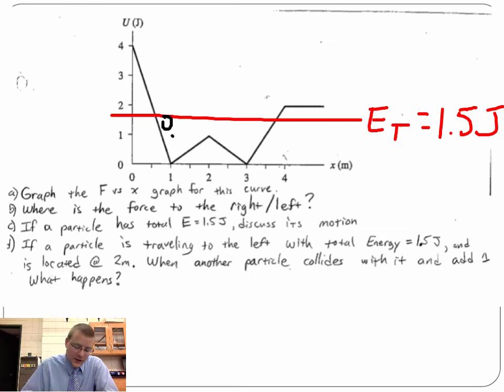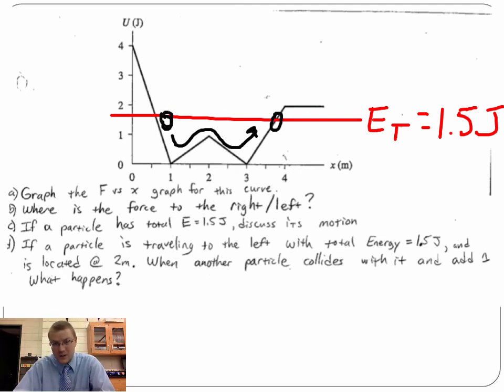It can accelerate down and go up this slope, and the highest it can ever rise, as long as there's no friction, is back to the 1.5 joule mark. So it can make it to this location and the start point. Those are the two places that the marble can reach based on the total energy it has.